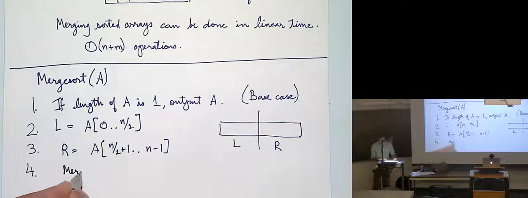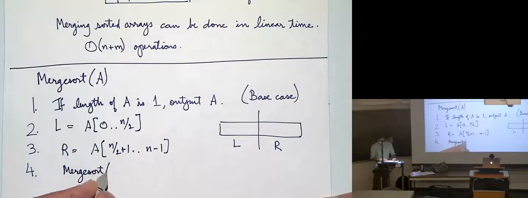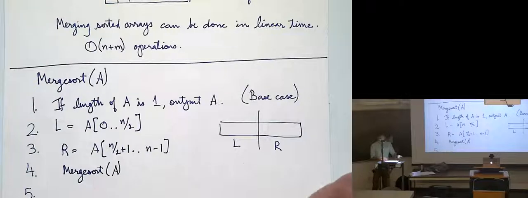Now I call merge sort of A. Actually, it's outputting something, so maybe I'll say that, sorry, let me try to write, my apologies.